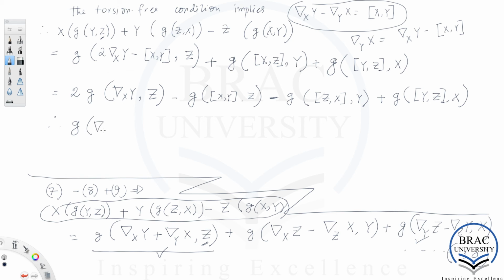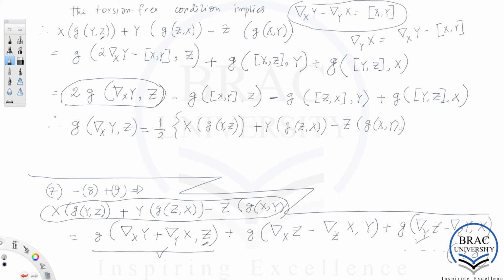G of nabla x y comma z, we keep it on the right side, bring everything else to the left hand side, and then divide both sides by 2 to obtain the following: 1/2 x of g of y comma z plus y of g of z comma x minus z of g of x comma y, then plus g of the commutator of x, y, comma z, and then we have total 6 contributions.